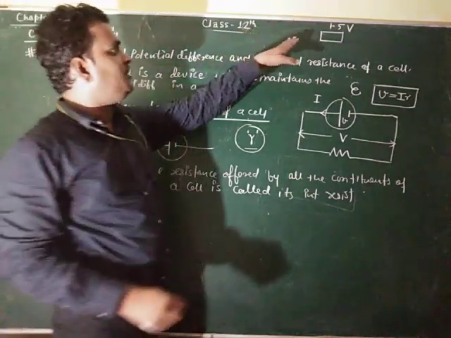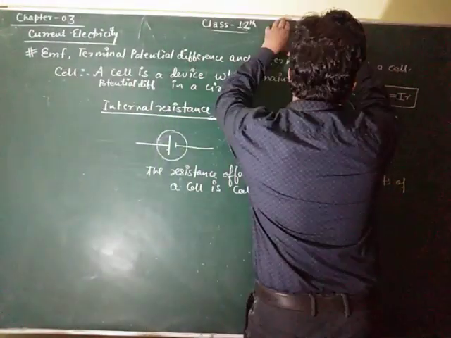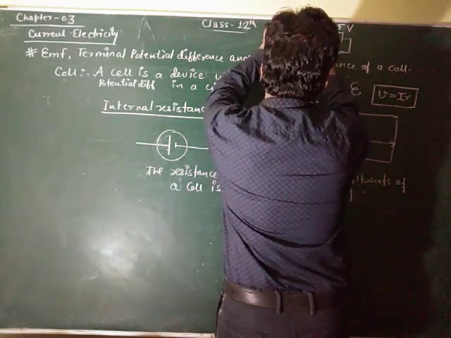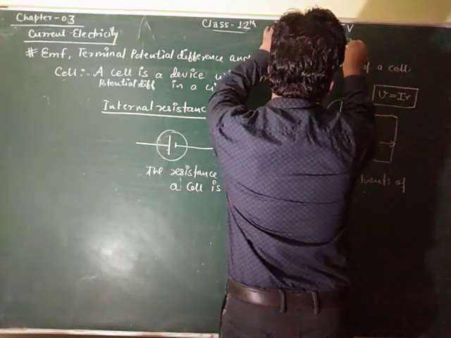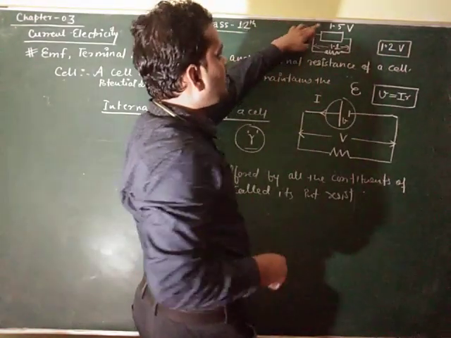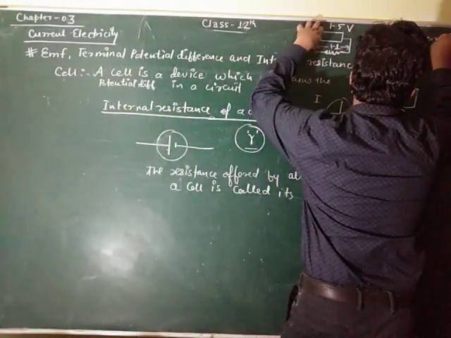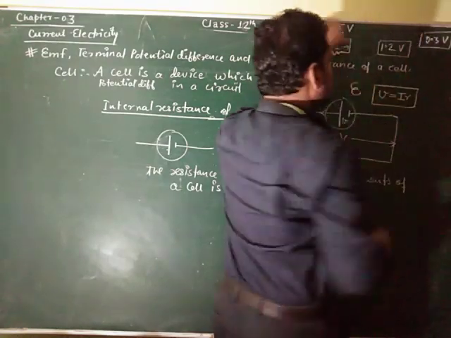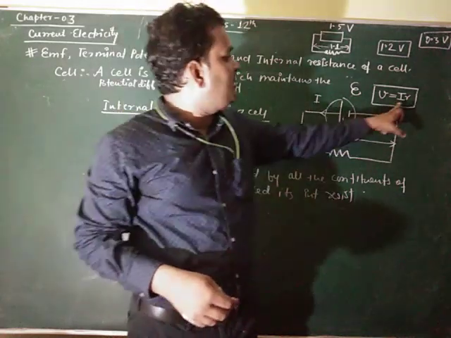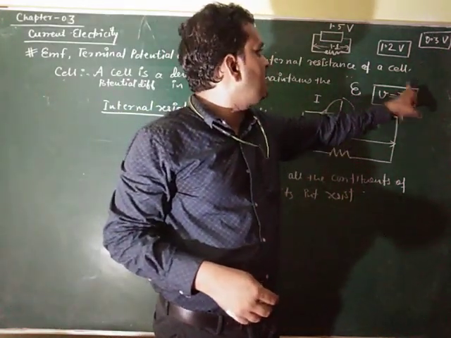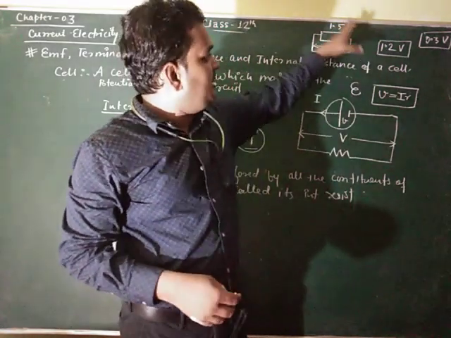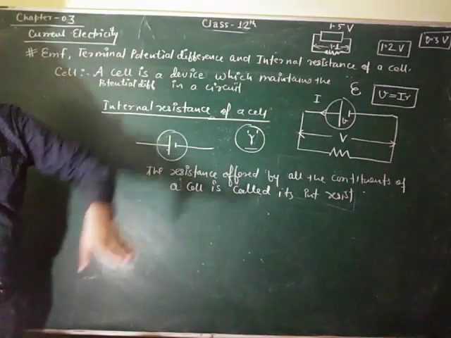When you connect it in the circuit, then only 1.1 or 1.2 volt will be the reading. Then what happens to the remaining 0.3 volt? This 0.3 volt is the potential fall within the cell, and that is because of the internal resistance. The reading is the terminal potential difference, and the 1.5 volt is the electromotive force, that is the EMF of the cell.